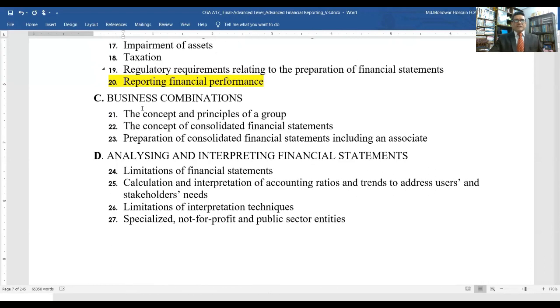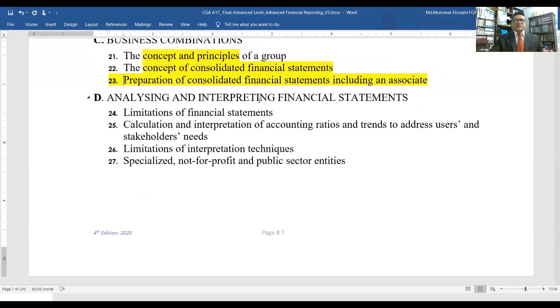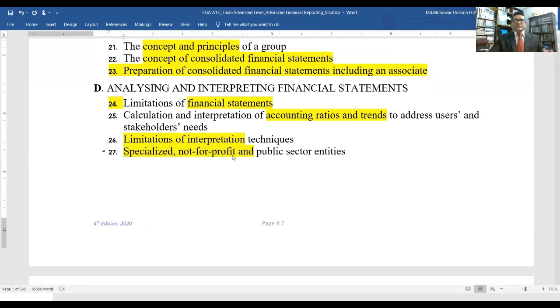In the business combination, the concepts and principles of groups, consolidation of financial statements, preparation of consolidated financial statements, including the associates, is the vital part, and limitation of financial statements. Then accounting ratios, trend analysis, limitations, and profit and non-profit organizations, sectorised entities.